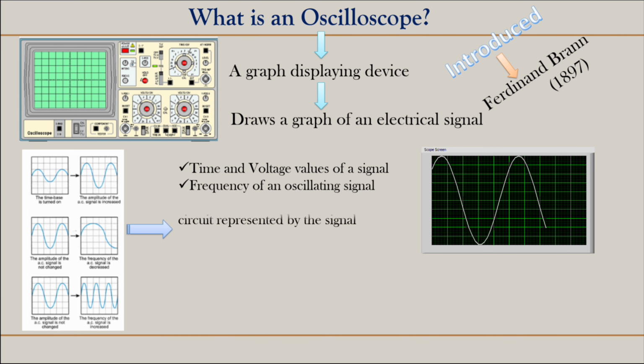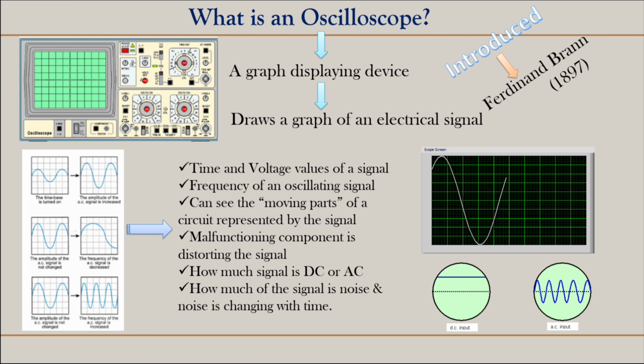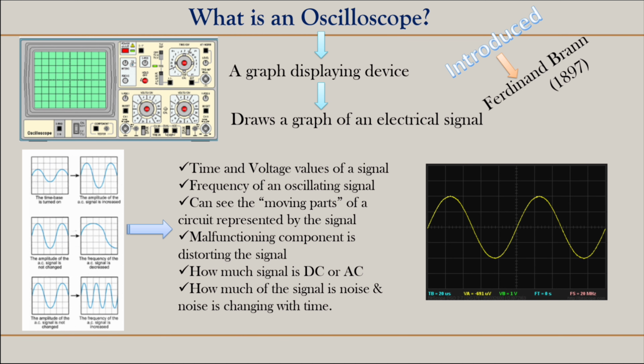You can calculate the frequency of an oscillating signal. You can see the moving parts of a circuit represented by the signal. You can tell if a malfunctioning component is distorting the signal. You can find out how much of a signal is direct current or alternating current, and you can tell how much of the signal is noise and whether the noise is changing with time.